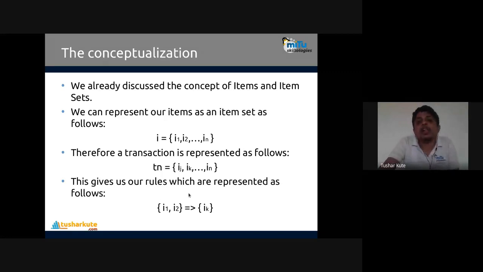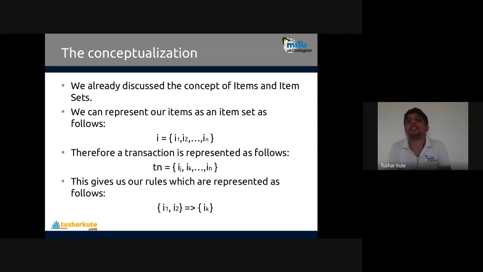This is like a rule. If a customer is purchasing I1 and I2, he is purchasing IK also. I means an item, a product that you are purchasing, like in market basket analysis I'm talking about. So everywhere the items are. If item 1 is there, item 2 is there, then item K can also be there.